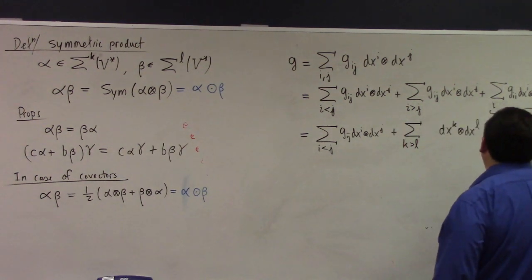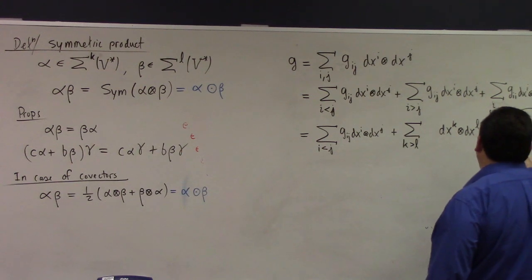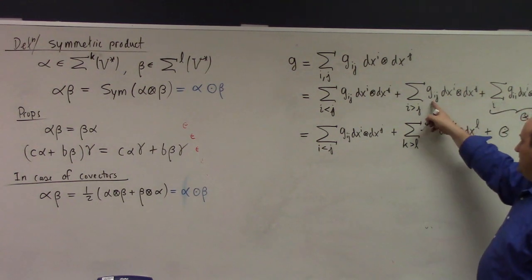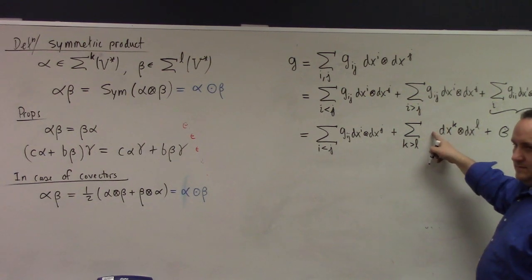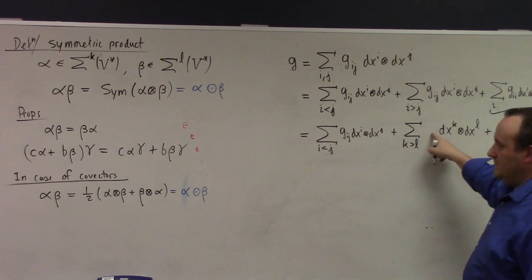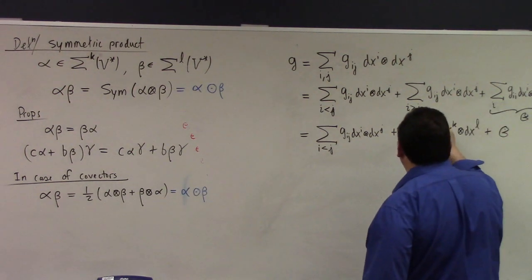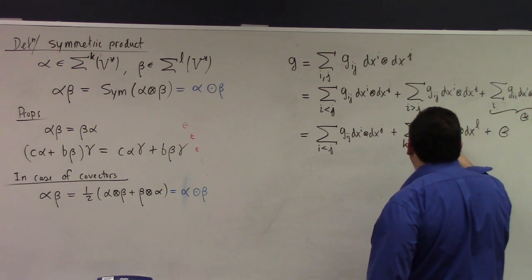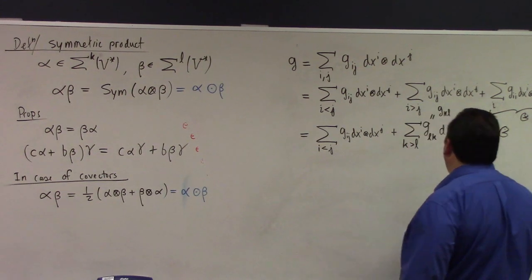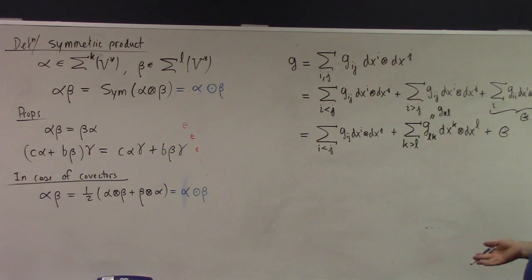And I'm just going to call this thing Pac-Man. Now, I would put g_kl there, but I want to use the symmetry of g. So I'm going to put g_lk instead.